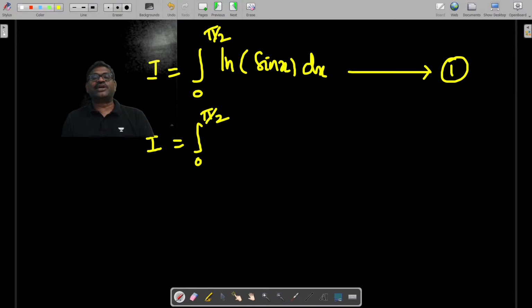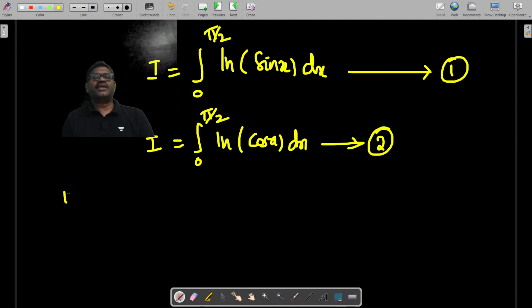That's why you can write log sin (90 minus x), which is log cos x dx. Call it equation 2, and add equation 1 plus equation 2.